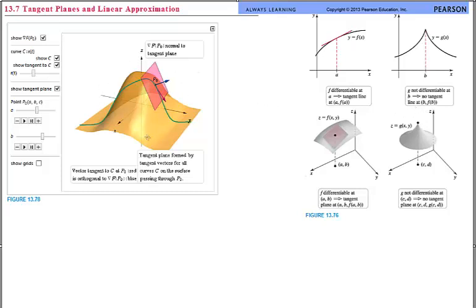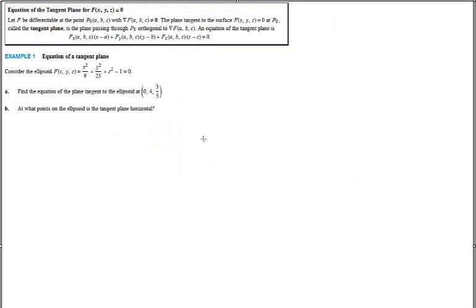Over in this graph here, it shows a nice little example of a tangent plane to a particular surface, and this is what we're going to be looking at in this section. So we're given a definition.